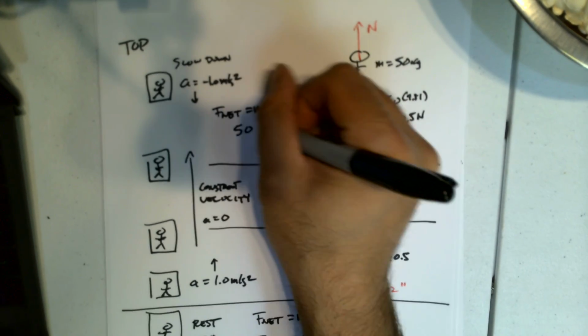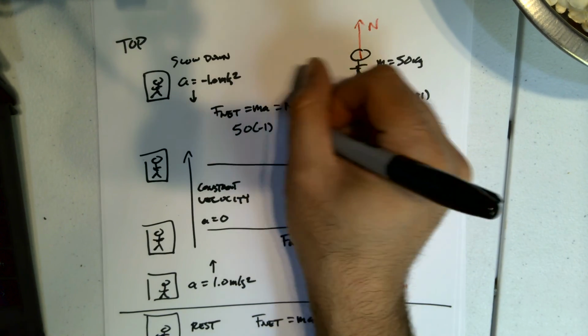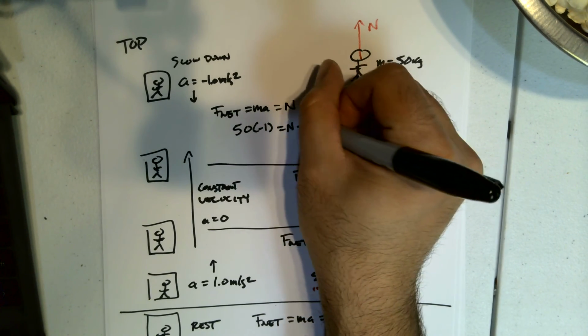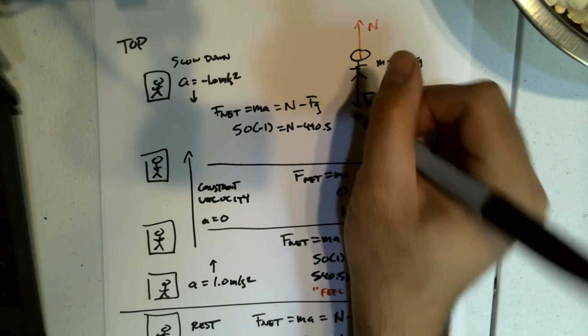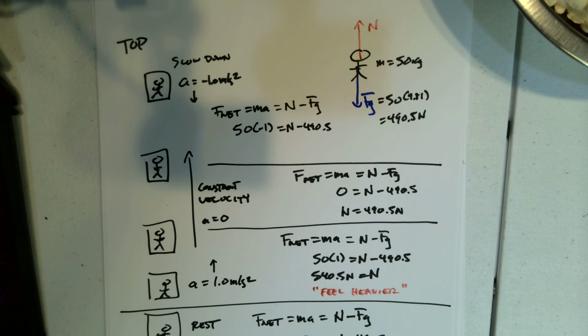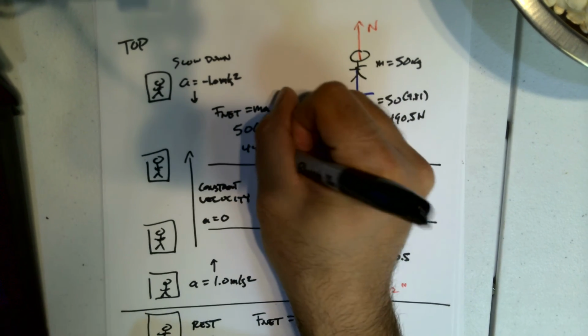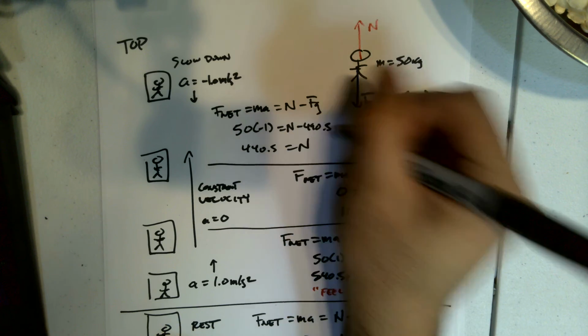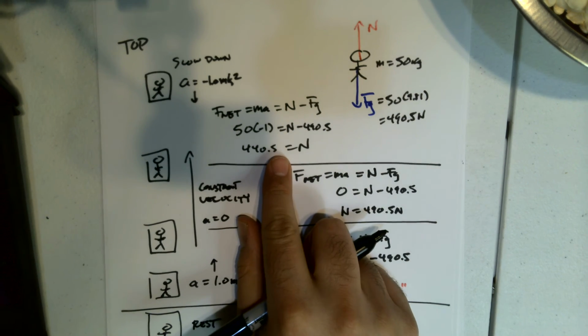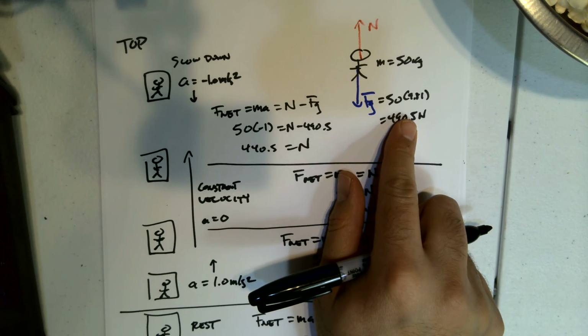So when I put in 50 for M, negative 1 for A, N is unknown, and the force of gravity is 490.5, what I can do is add 490.5 to both sides. And then on the left, I would get 440.5 as my normal force. So now our normal force is a little bit less than the force of gravity.